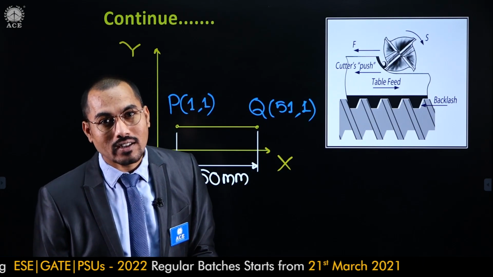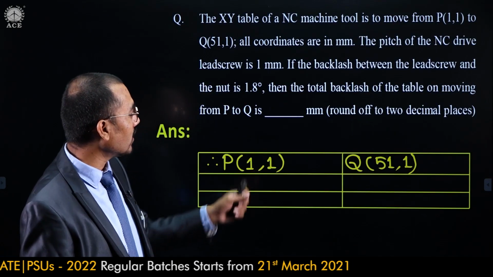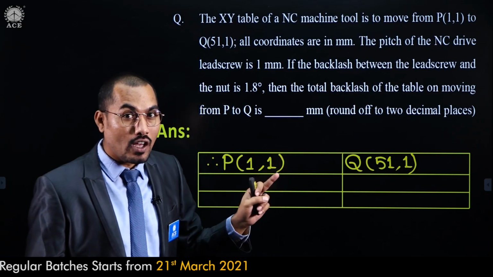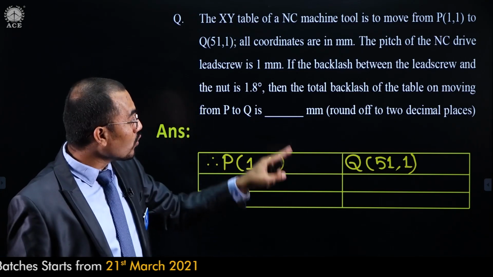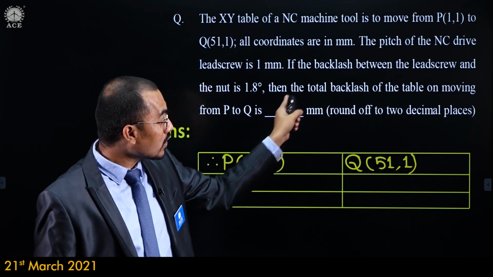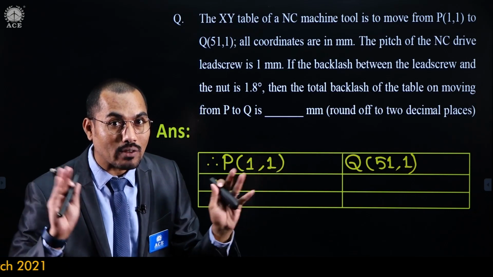Therefore it was given that 1.8 degrees is the backlash between lead screw and nut for one rotation. Now you calculate the total backlash, and we are interested in calculating it in millimeters, not in degrees.